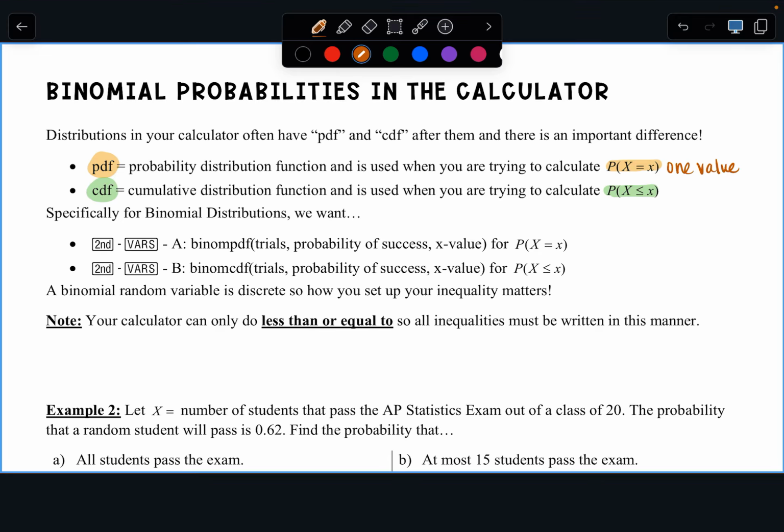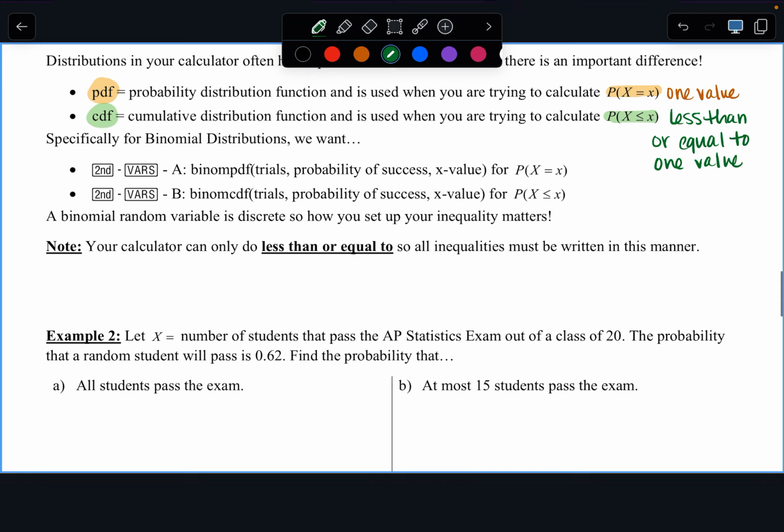That's all you're going to get. X is equal to 5, I only get 5. Now for the CDF, it's going to be less than or equal to one value. These are your 2 options for what you can do with the calculator.